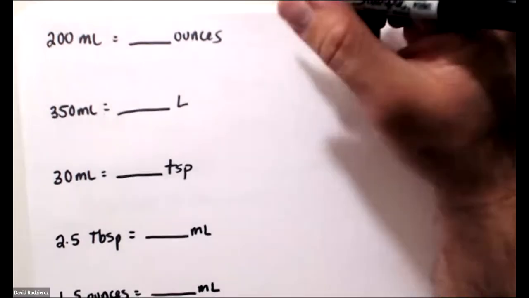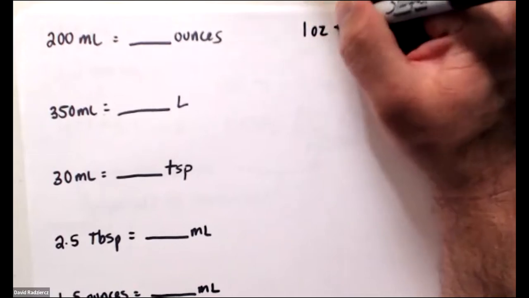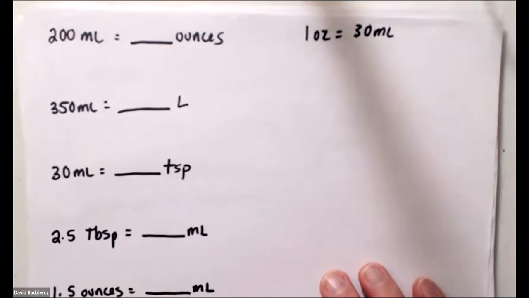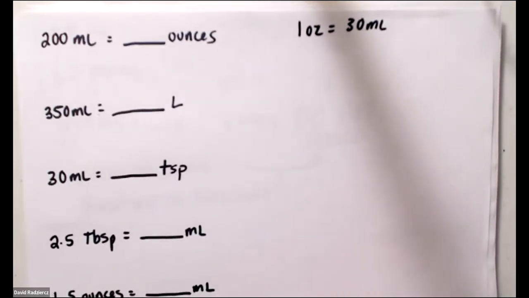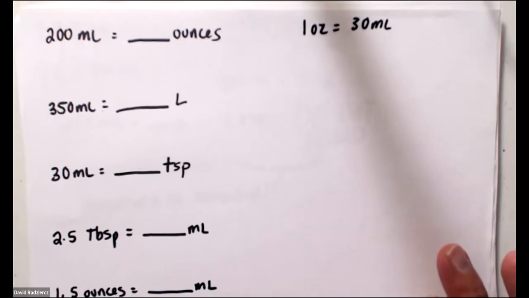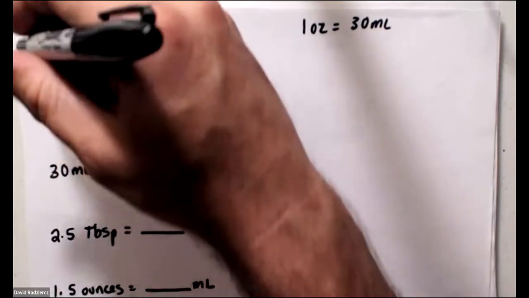Okay, so as I mentioned before, milliliters to ounces. So 1 ounce is the same thing as 30 milliliters. And again, like what you were just asking, you do need to know what that is. There's not going to be like a table sitting beside there on your test. It's just going to be answer the questions. And so you're going to have to know that.